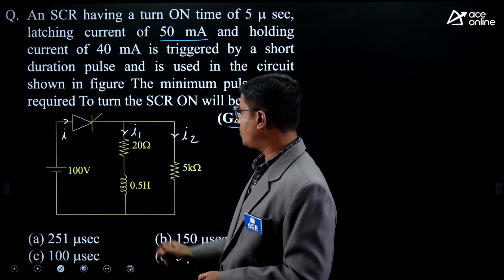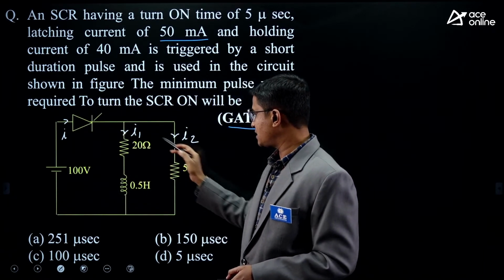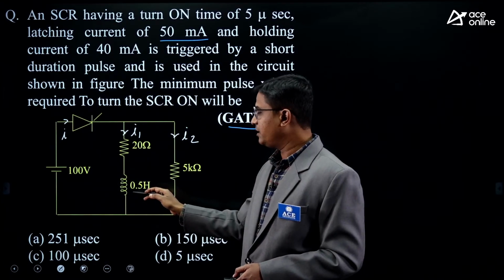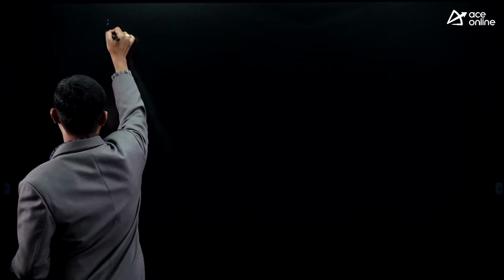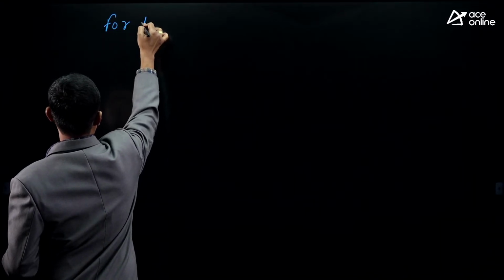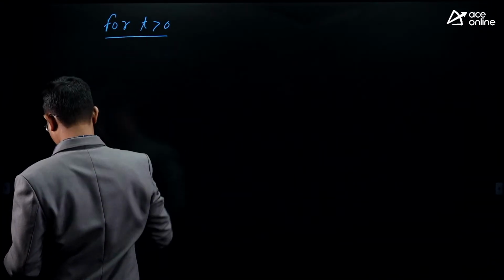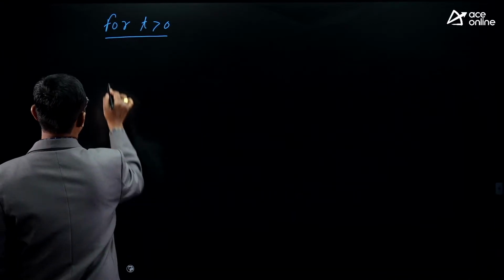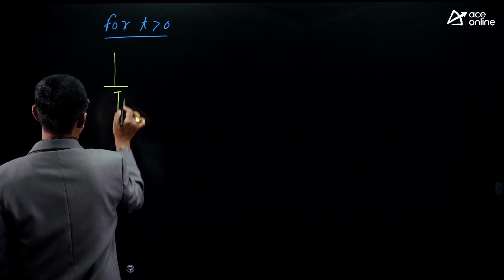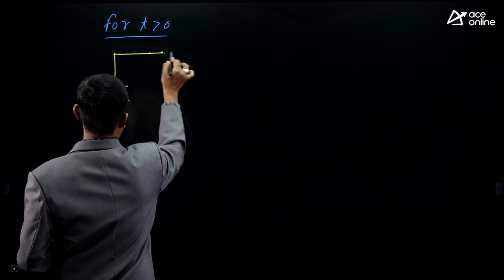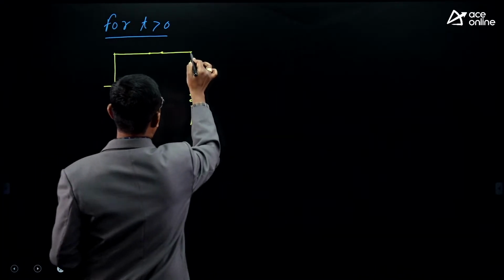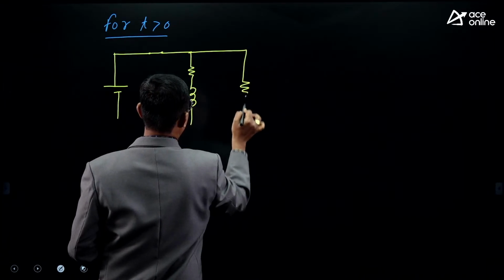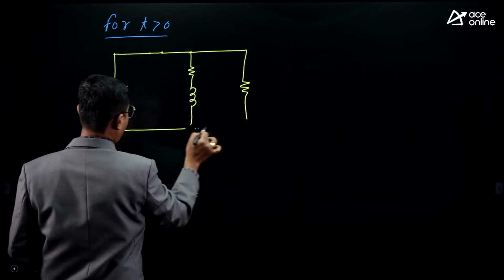For t greater than 0, this is on state. Resistor will act as a resistor. Inductor will act as an inductor. So, for t greater than 0, circuit will be like this. SCR on state, resistor, inductor, and here it is another resistor.